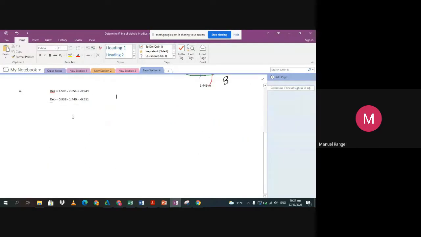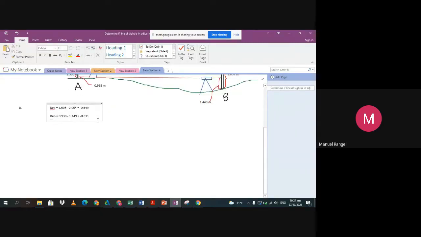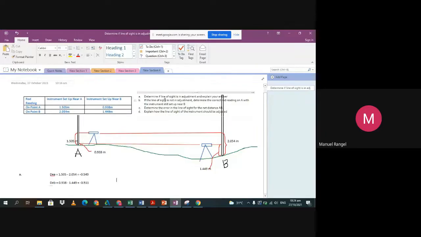Based on their difference, we can see there is a big discrepancy. So for letter A, their difference in elevation is not equal. Okay, DE means difference in elevation.